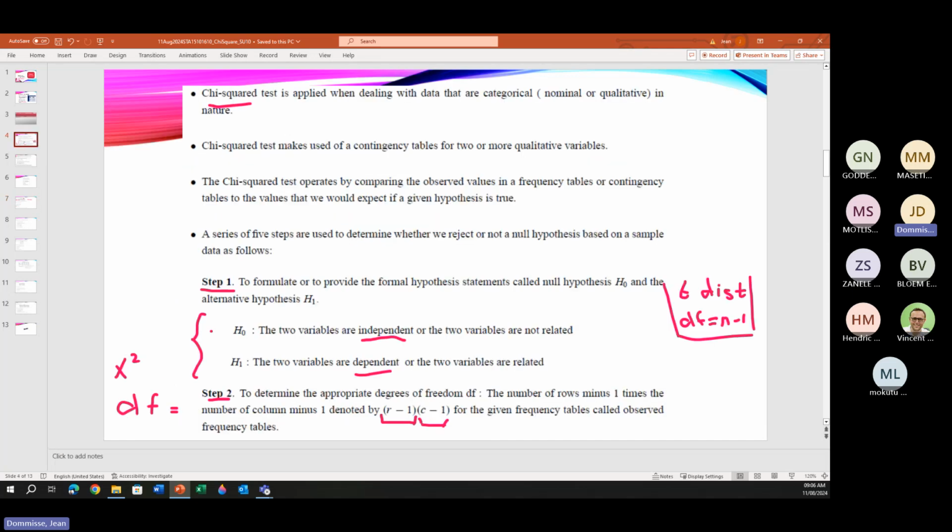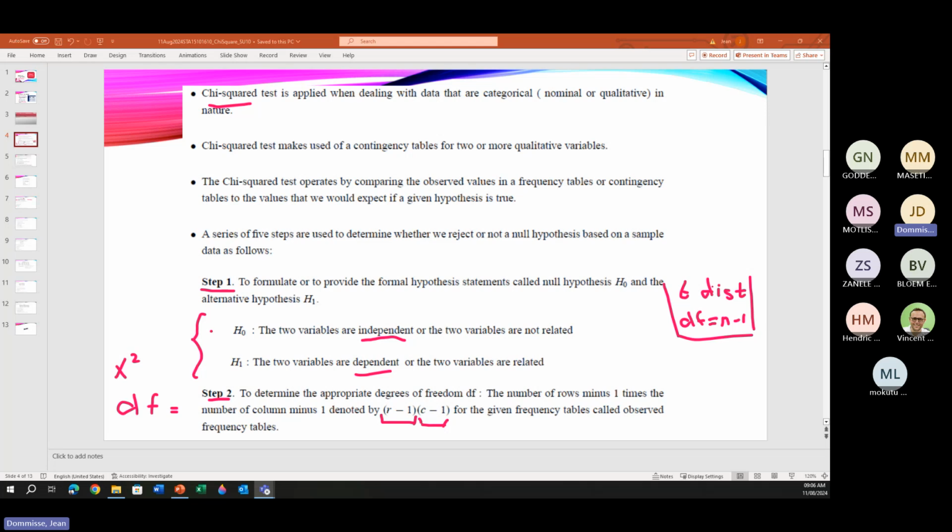So it is a bit different from the degrees of freedom that we do in the t-test. Just important, because they might throw in a question that says define the degrees of freedom of a t-test, and they give you options that include the chi-square, or they can do it the other way around.